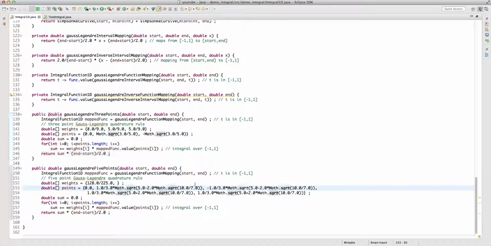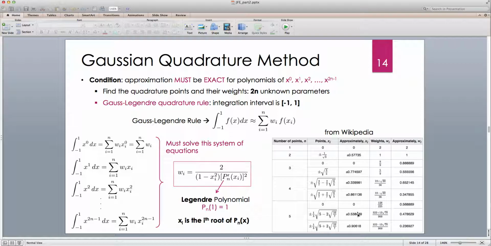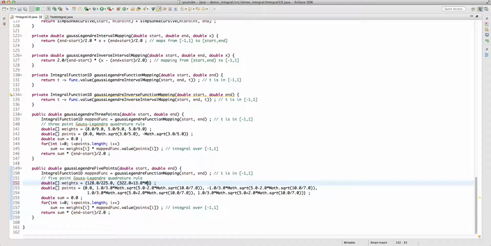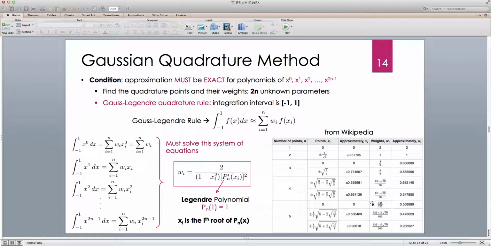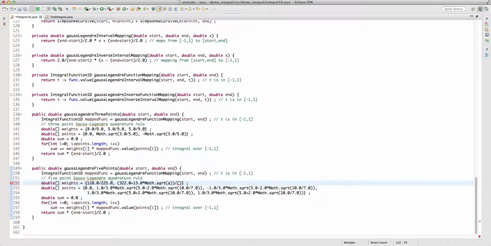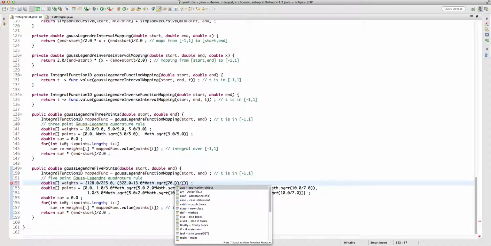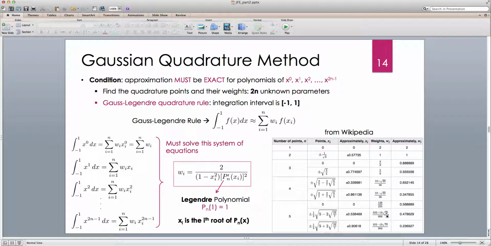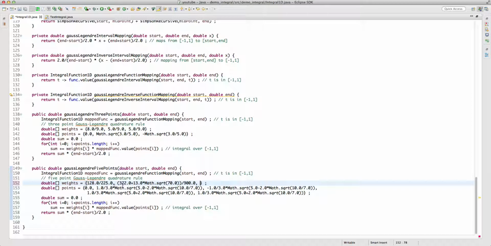Alright, so we have 5 points, and we need to have 5 weights. The weight for these two is 322 plus 13 square root of 70 over 900, and the weights are the same for both.